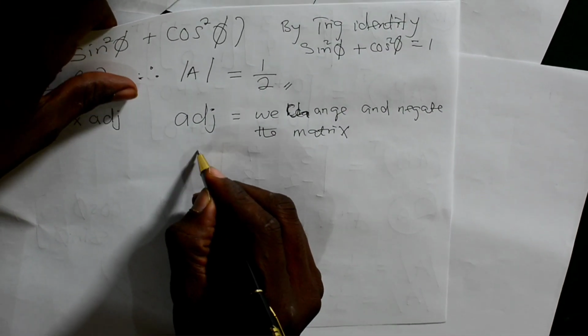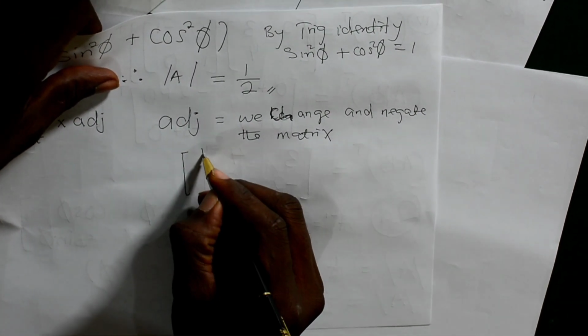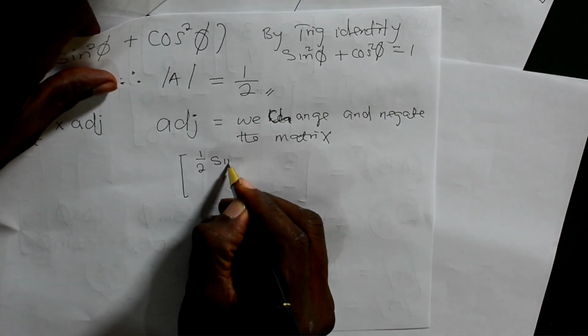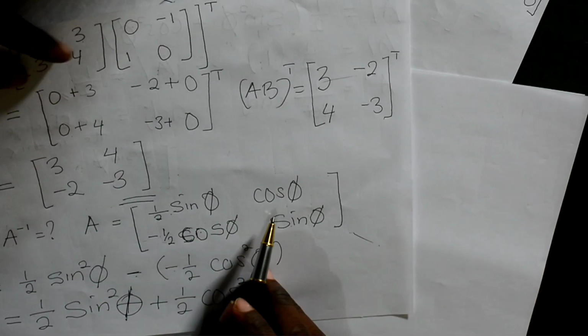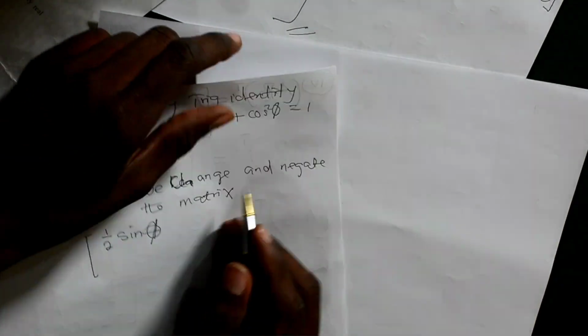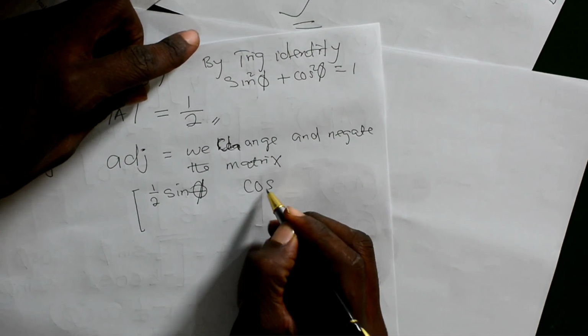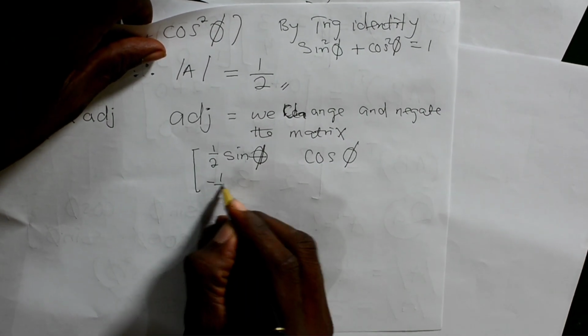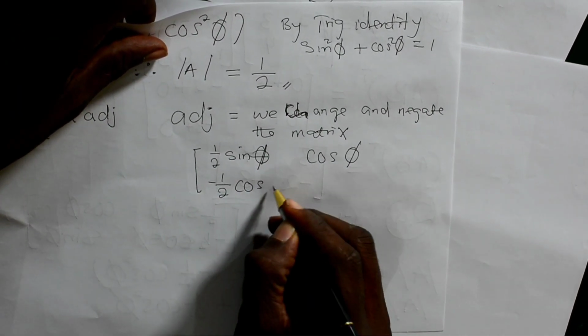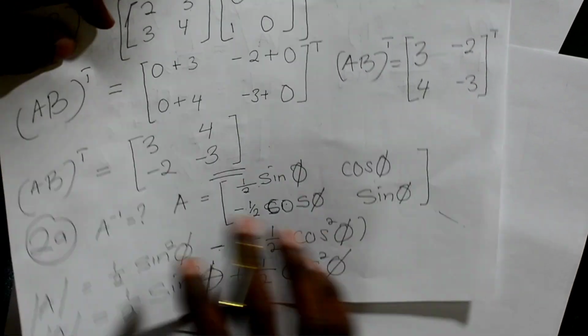So given the matrix as 1 all over 2 sin psi, sin psi, then cos psi, and minus 1 all over 2 cos psi, then sin psi.